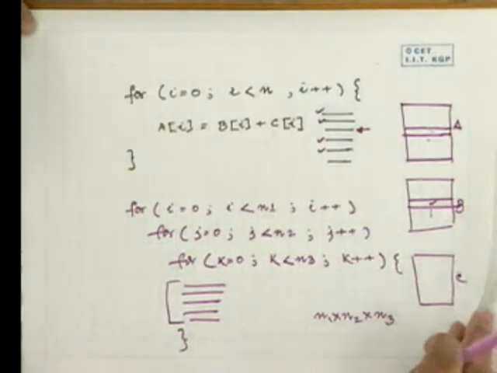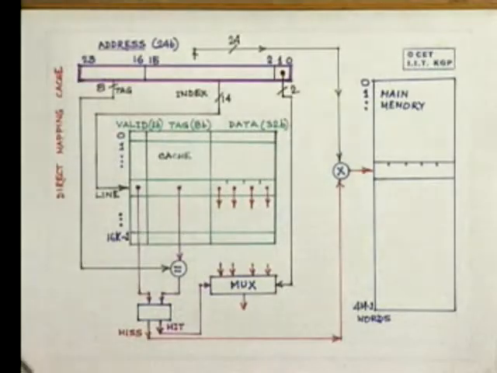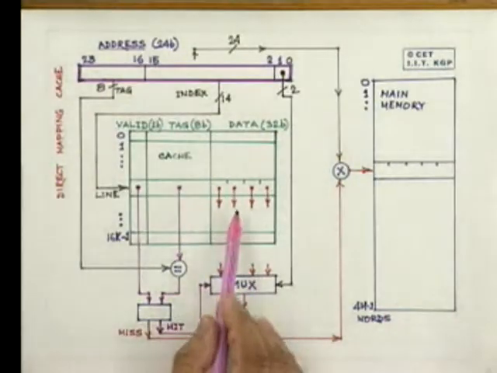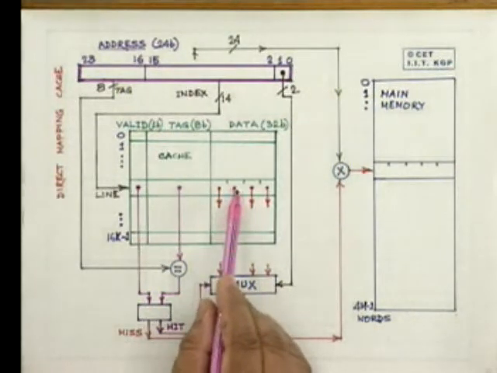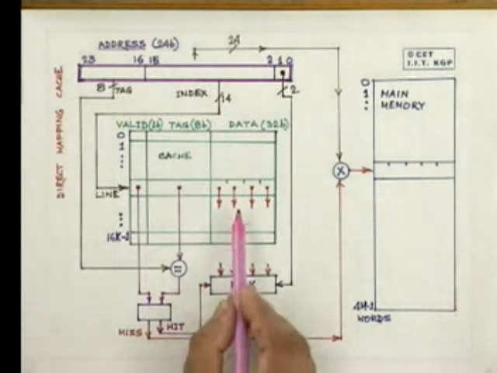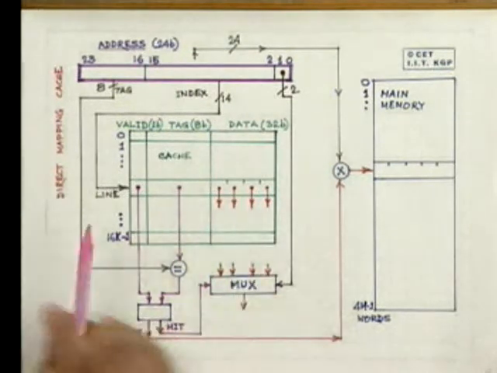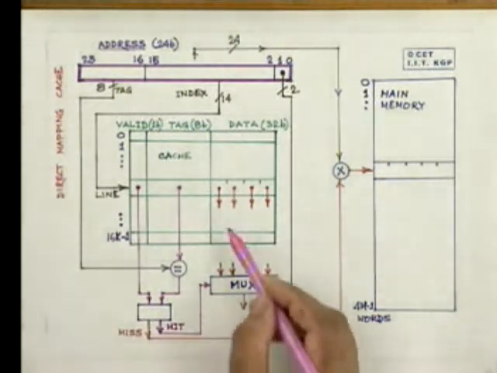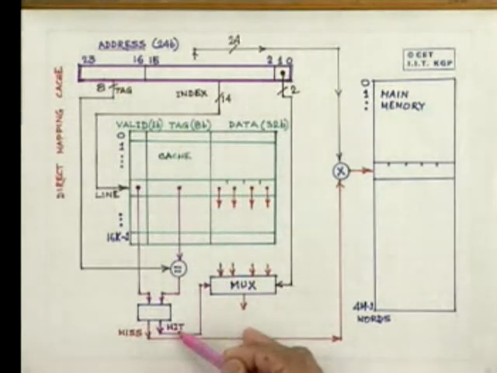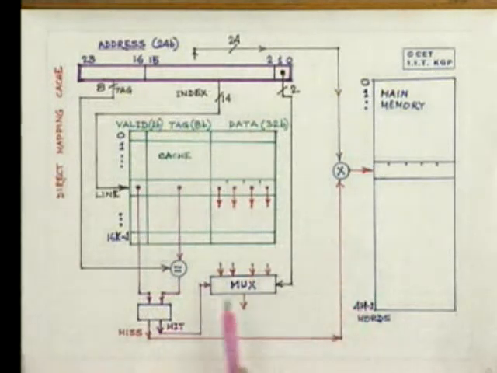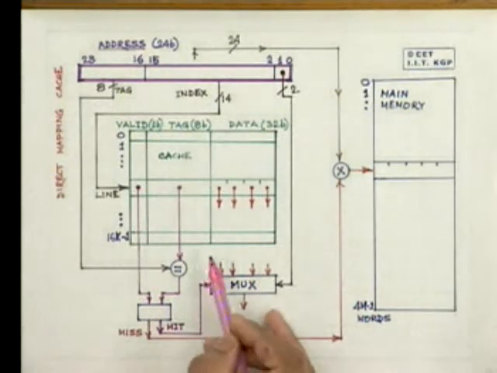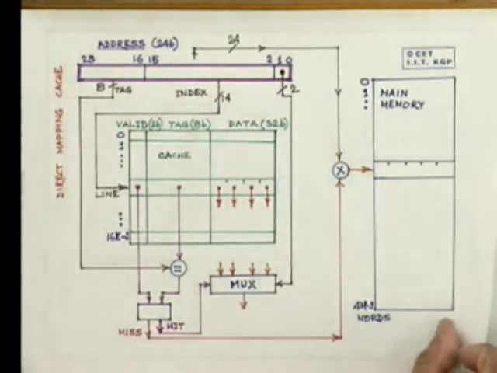So when I am talking about information being available mostly in the cache, it may be instructions or data, and the chances that the hit percentage is high will be true because of these two localities, right?